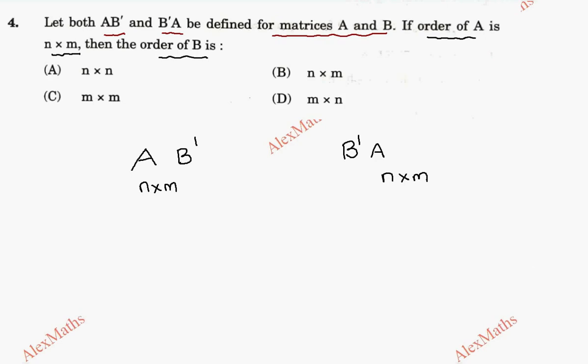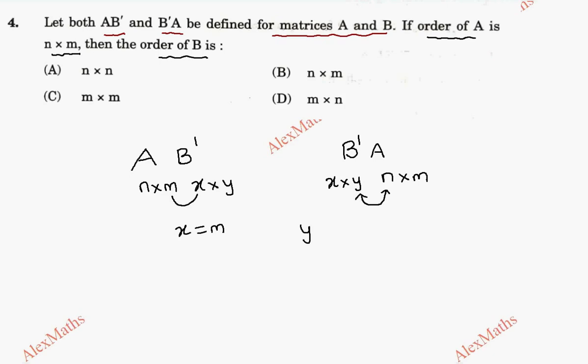Suppose if we multiply A with B dash, suppose B dash is of the order x rows and y columns. These two should be same, then only this multiplication is possible. So x should be m. Then we have B dash here, so again I take x rows and y columns. Since B dash A is defined, these two should be same.